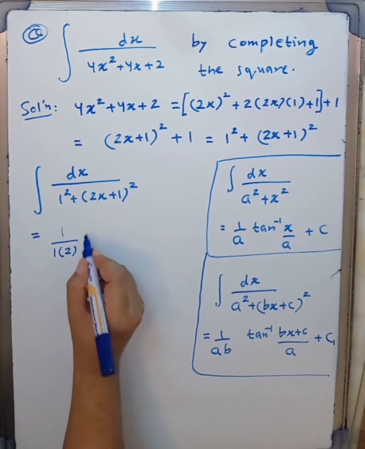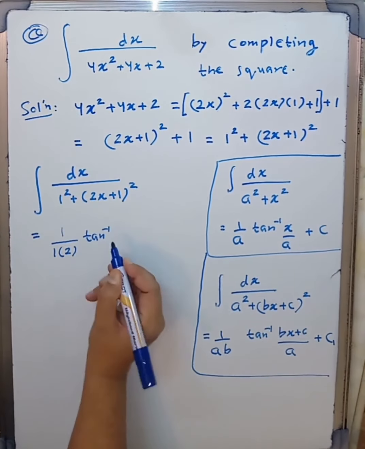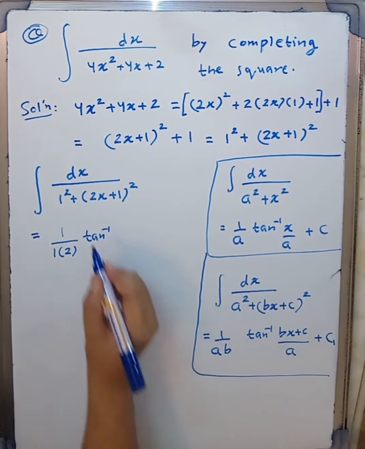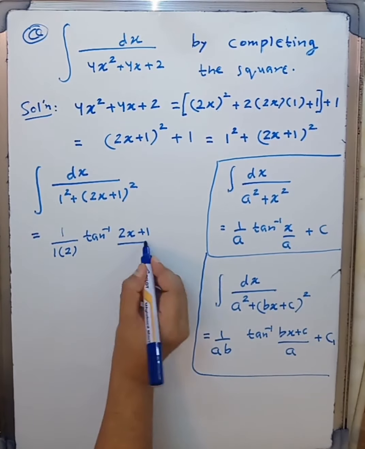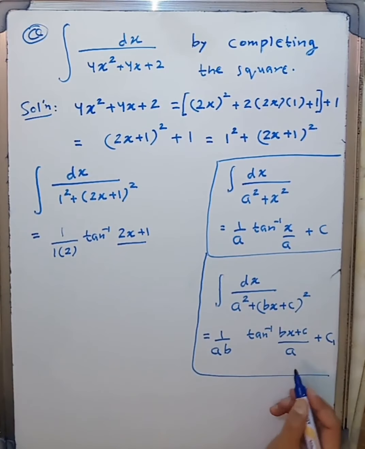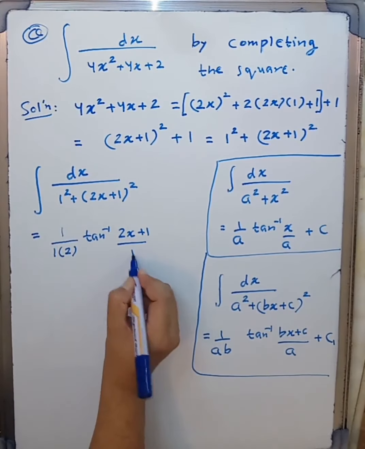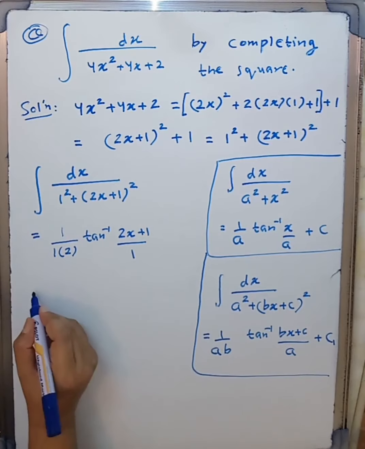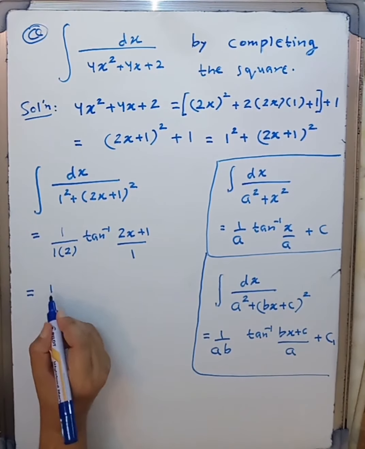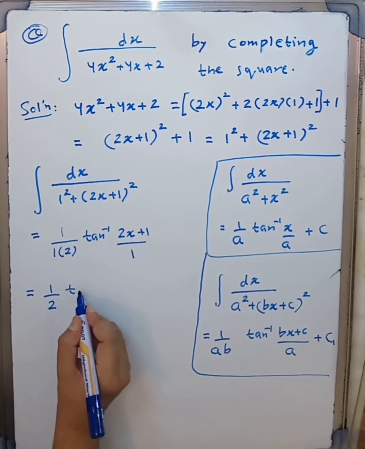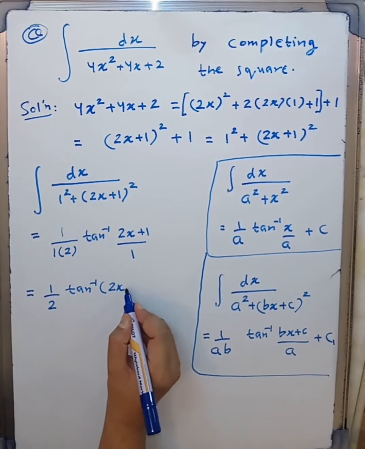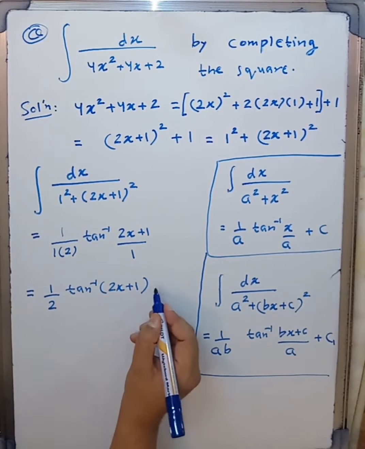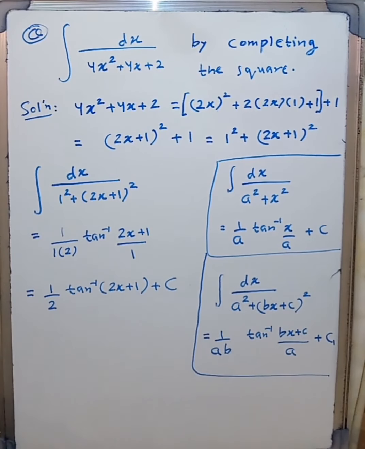Tan inverse the linear factor, that is 2x plus 1 divided by a, that is again 1, and this will be equal to 1 by 2 tan inverse 2x plus 1 plus constant of integration. And this is our final answer.